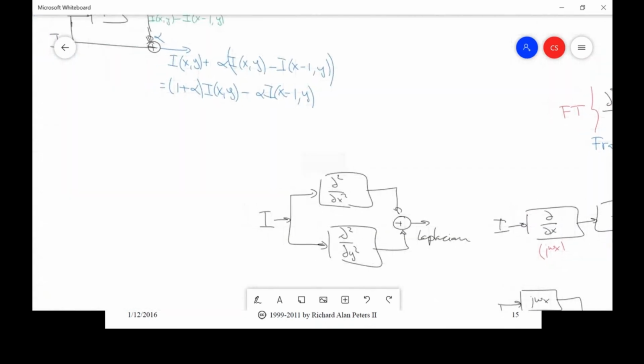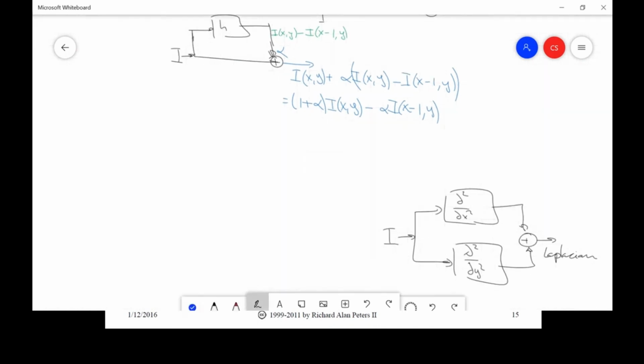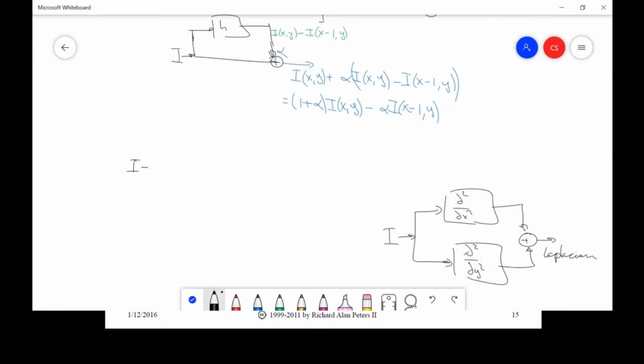So the Laplacian, so let's say that you have an image, you go through the first filter that has this response. This is omega x, omega y, and then you have this one. This is h.